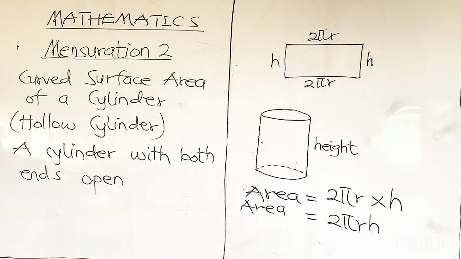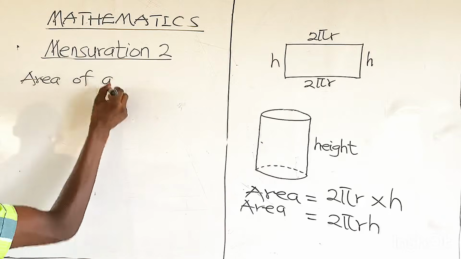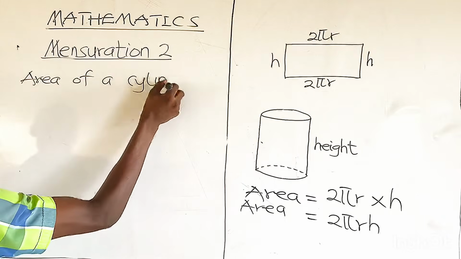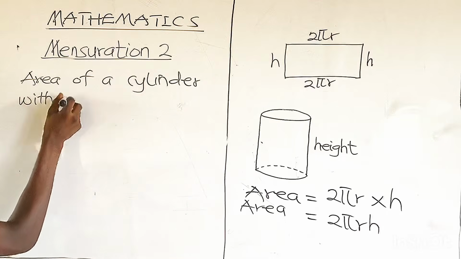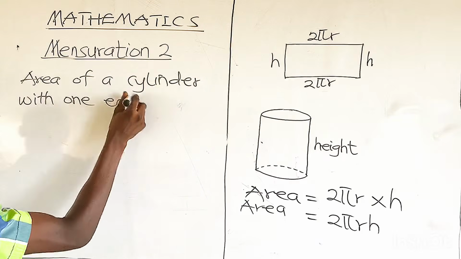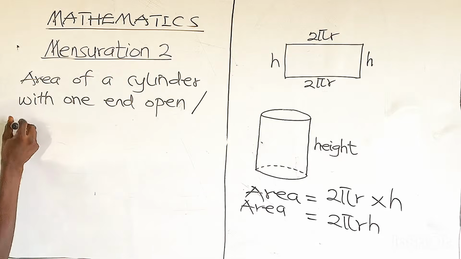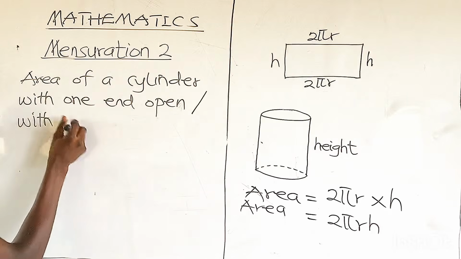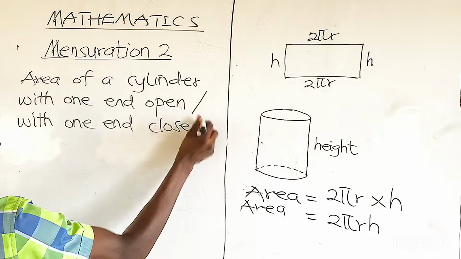Now we are moving on to area of a cylinder with one end open, or with one end closed.